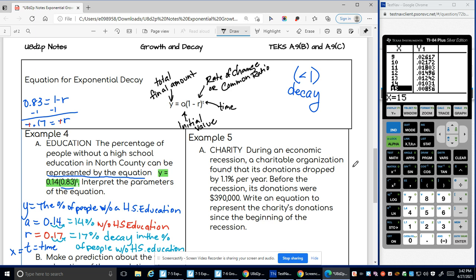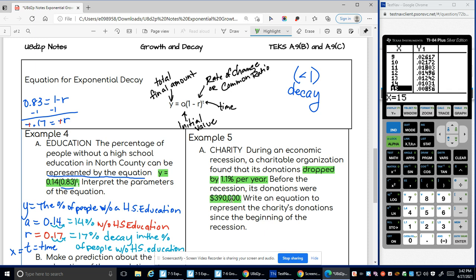We want to write an equation to represent the charity's donations since the beginning of the recession. All right, let's see what looks important. Usually numbers are, and the fact that it says dropped is usually an indication that we're probably dealing with decay. We're going to subtract 1.1. Before the recession, the donations were this. That's probably an initial amount.